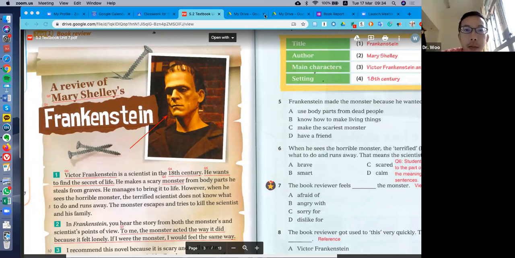Why? What in the text suggests that this person is Frankenstein? I mean, I can see there's a name here and there's a picture here, so naturally we would think that this is Frankenstein. But what words in the text suggest that this is Frankenstein?